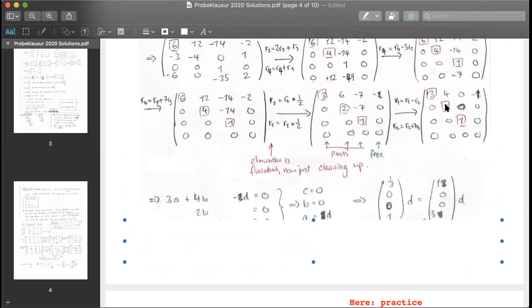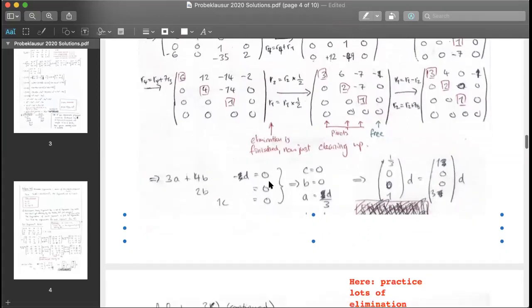And we have 2b equals 0. And we have c equals 0. All right, fair enough. So c is equal to 0, b is equal to 0, and a is equal to 4b minus 4b, but that's 0. So 3a is equal to d, so a is equal to d over 3, right?